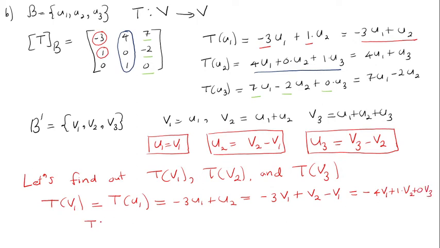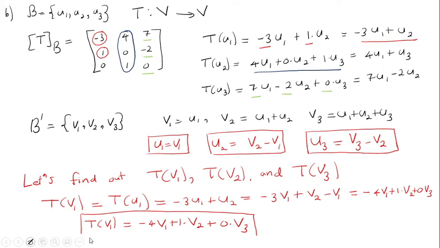So I found that TV1 equals minus 4 into V1 plus 1 into V2 plus 0 into V3. I think that part is clear for you.